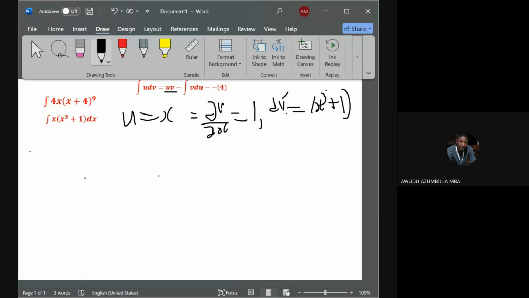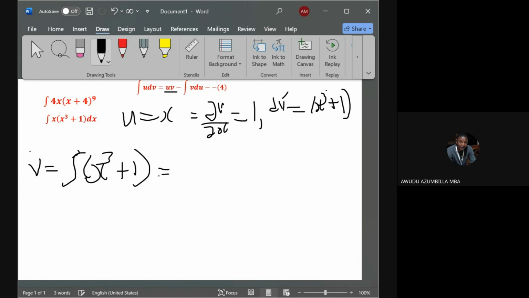To get our v, we have to integrate this one. So our v will be equal to the integral of x raised to the power 3 plus 1.